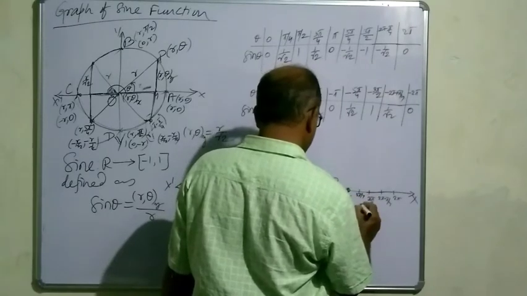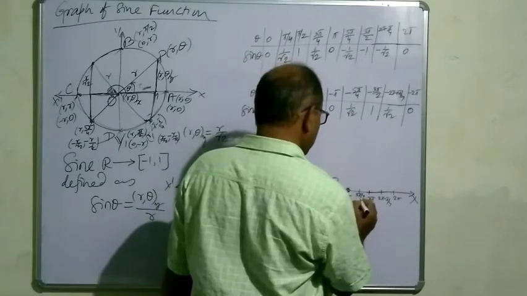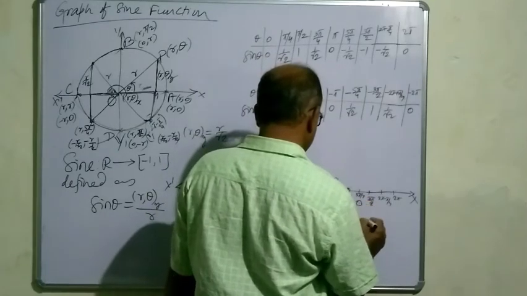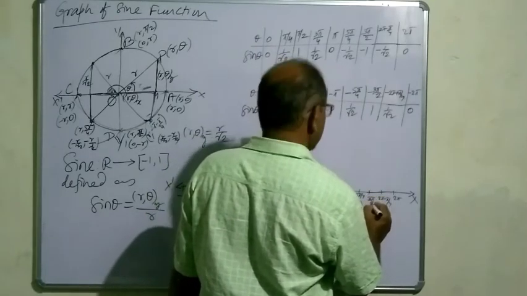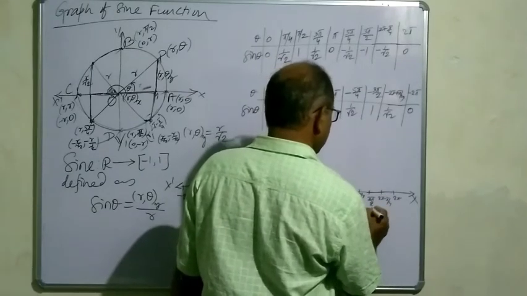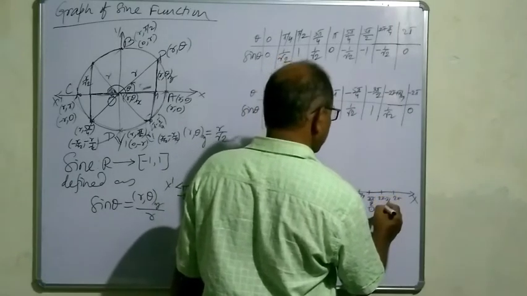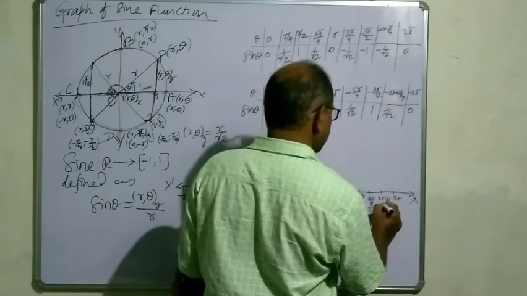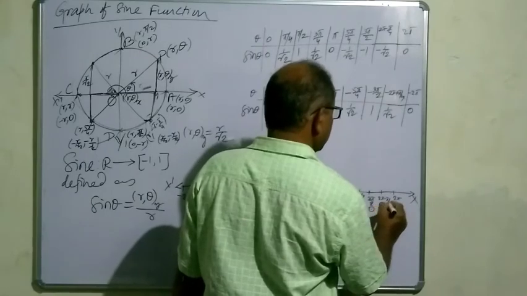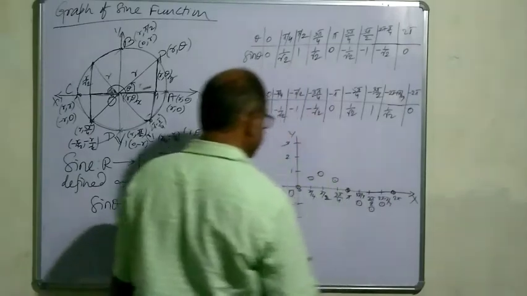Then 3 pi by 2 it is minus 1, right, minus 1. Then 2 pi minus pi by 4 it is again increasing, minus 1 by root 2, then at 2 pi it is 0, and it will be like this.